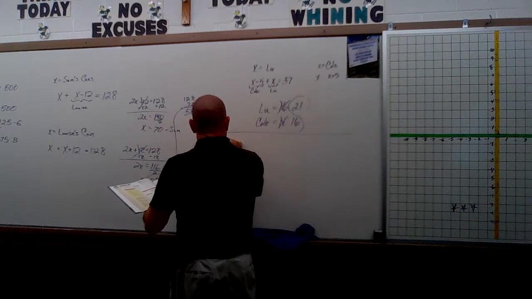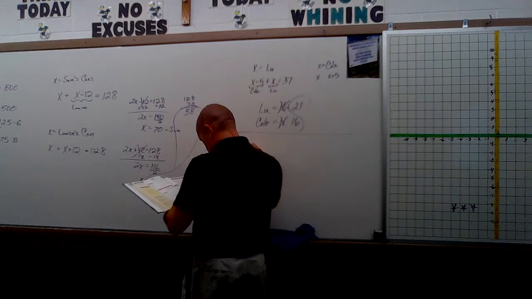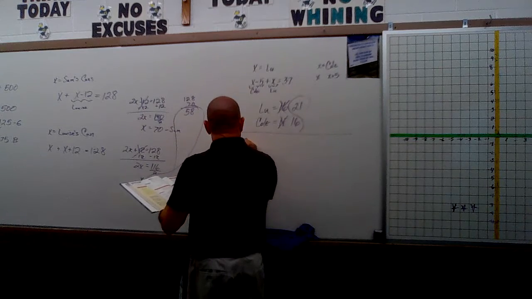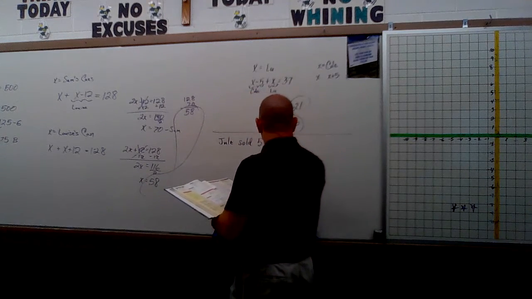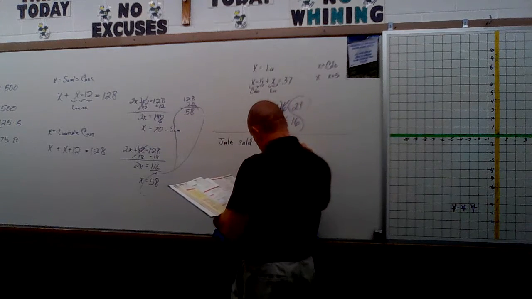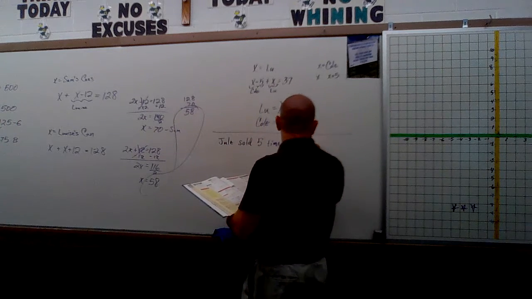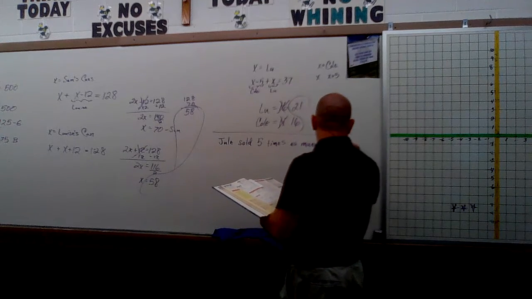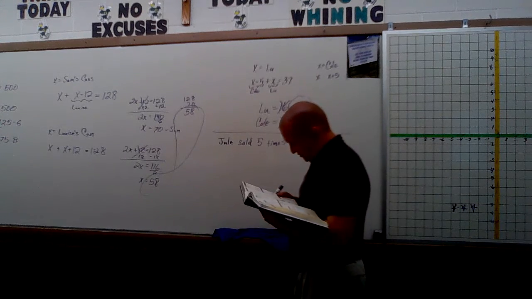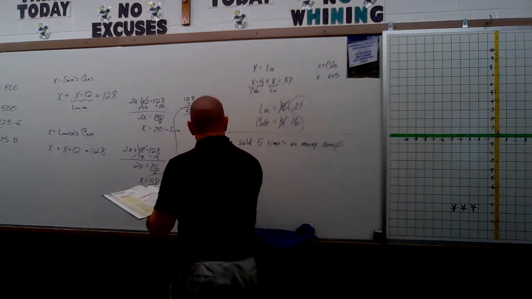Julius, or we'll just say Jewel, sold 5 times as many computers as, I'm going to abbreviate, Sam.